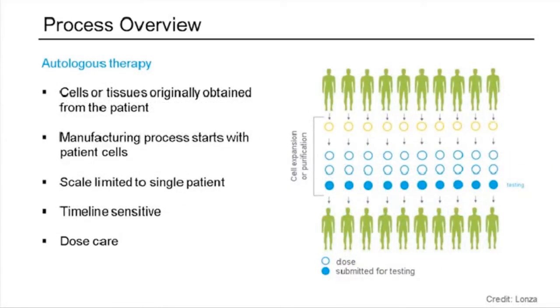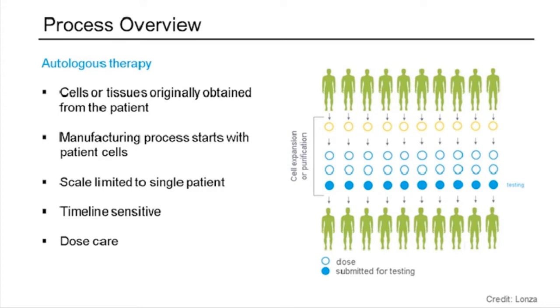And then the other main classification is autologous therapies. And this is where the cells or tissues are harvested from the patient themselves and then readministered to the same patient. So this kind of therapy is going to be exclusively patient-specific scale.